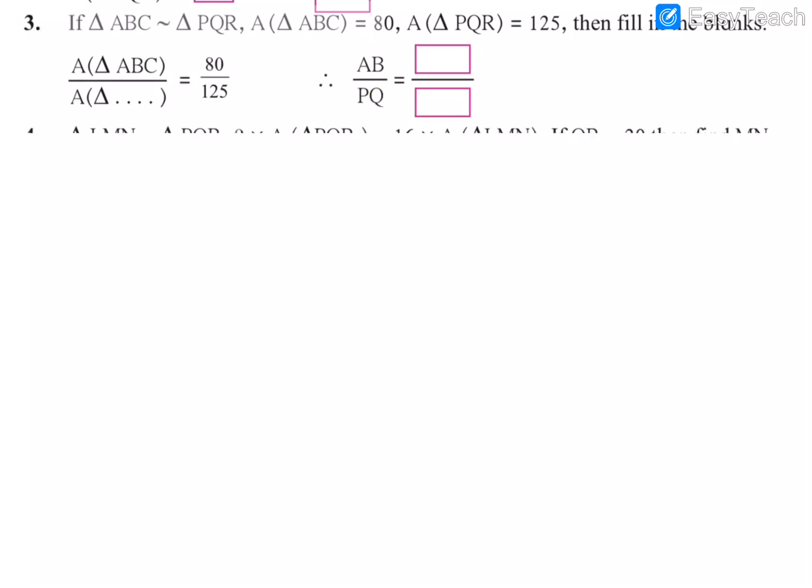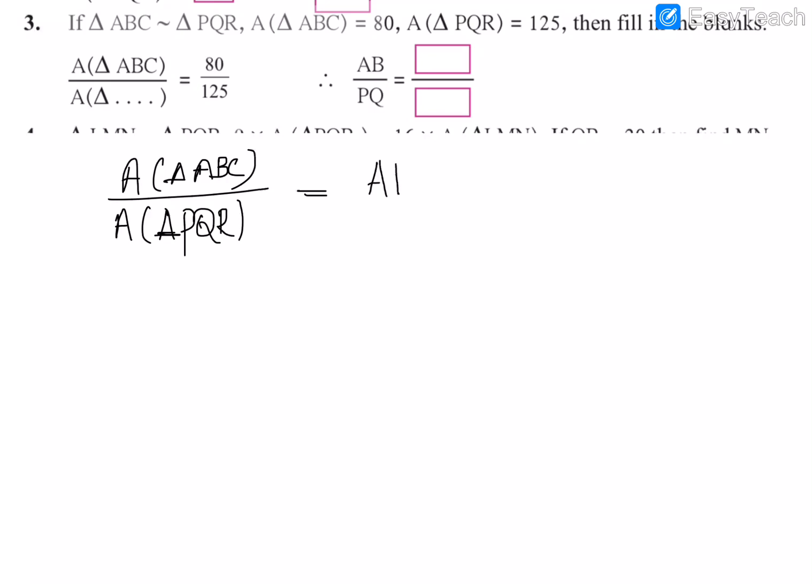So I am writing it. Area of triangle ABC by area of triangle PQR is equal to AB square by PQ square.